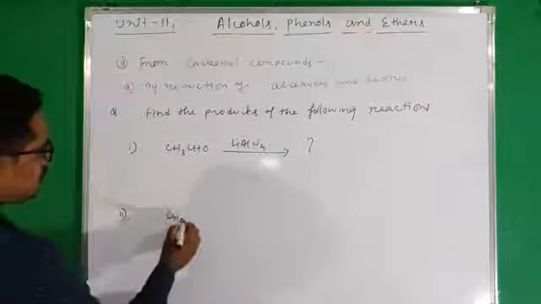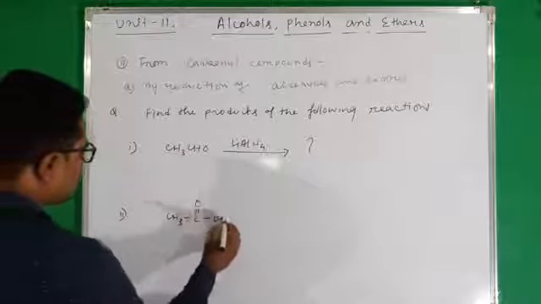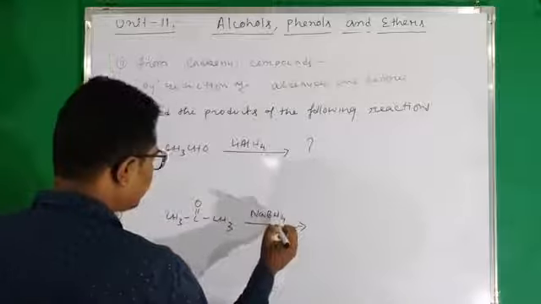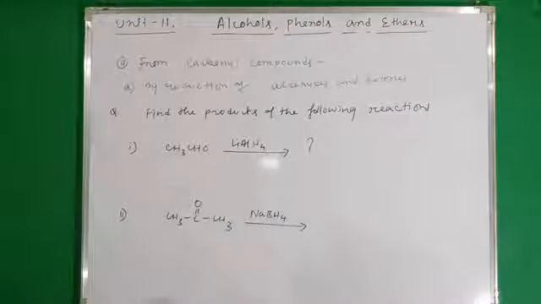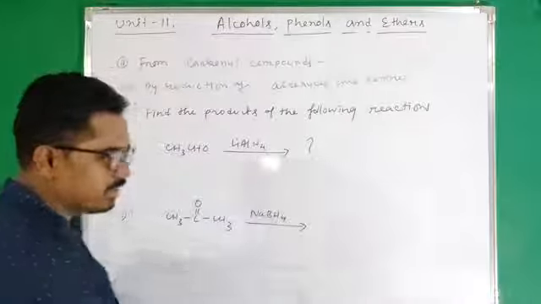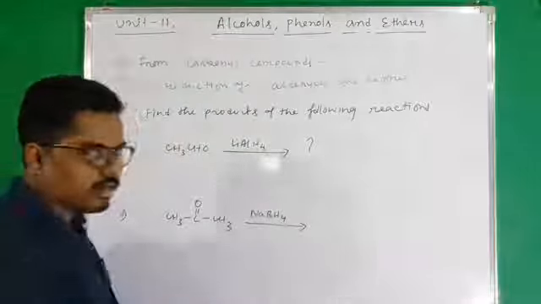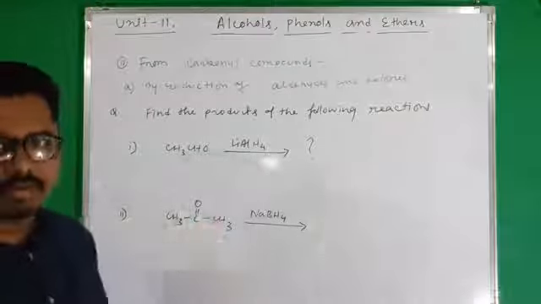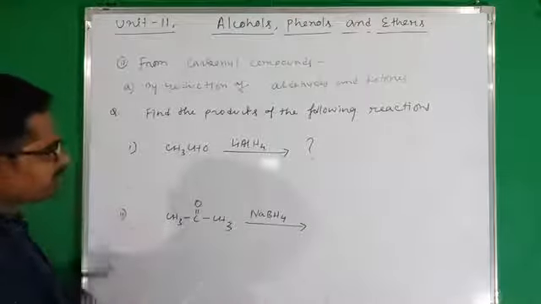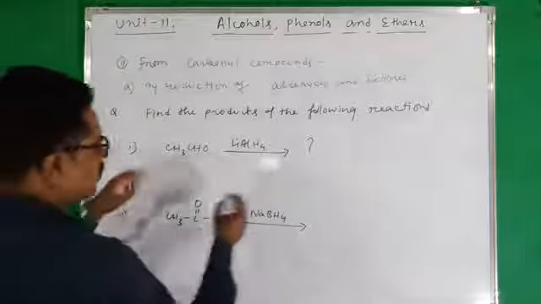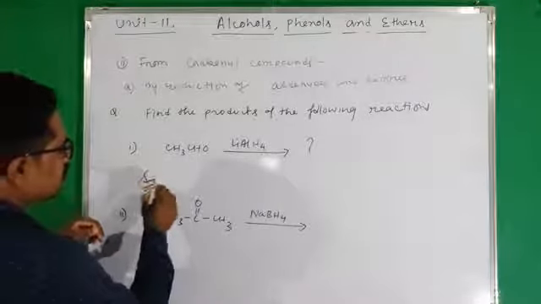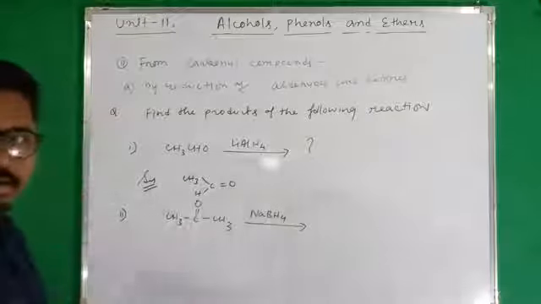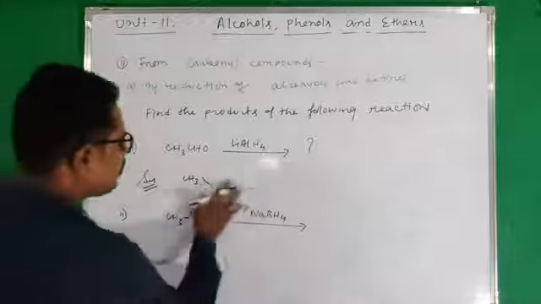Again, suppose we have CH3C double bond O CH3, sodium borohydride, or you can use hydrogen in presence of nickel, platinum, or palladium. Whatever reducing agent you want to use, you can use. Now we have to find the product. In this case we have CH3C double bond OH, this aldehyde.